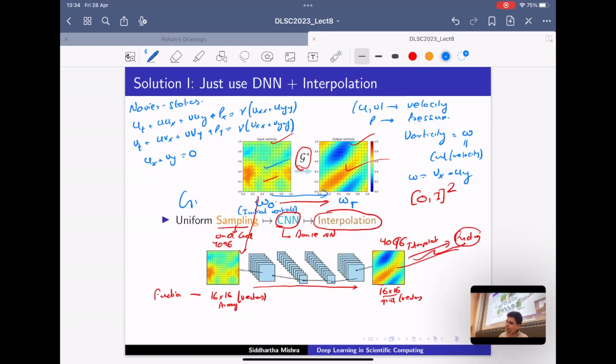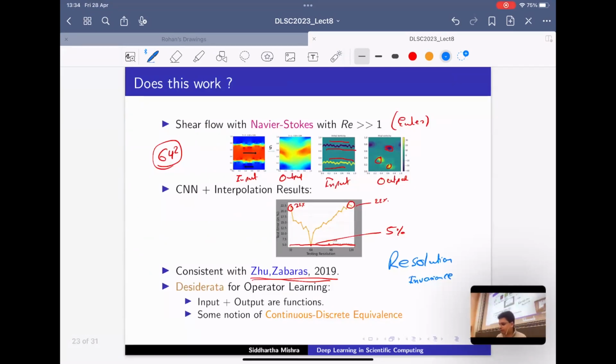And that something more is what I sometimes call discrete continuous equivalence, which is that even though I'm learning things at a discrete level, it should still be equivalent, or it should in some way represent learning them at a continuous level. Instead of just learning mappings between vectors and vectors, I'm really learning mappings between functions and functions. So that should be the aim.